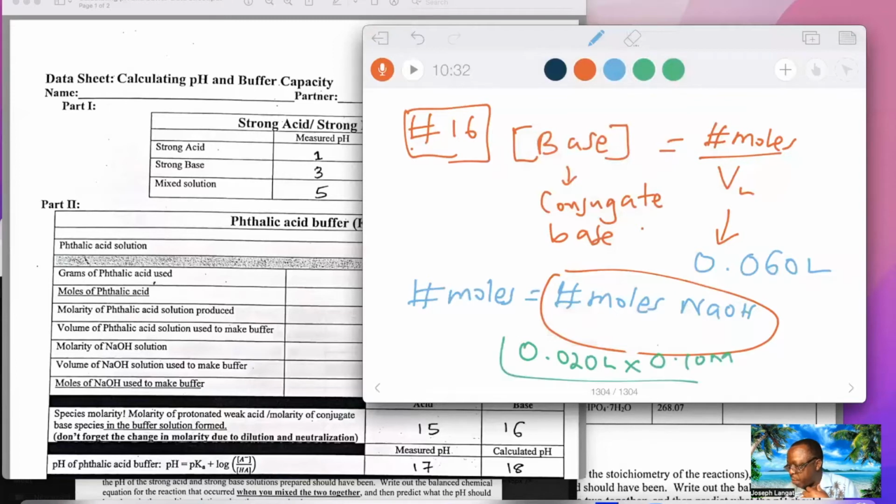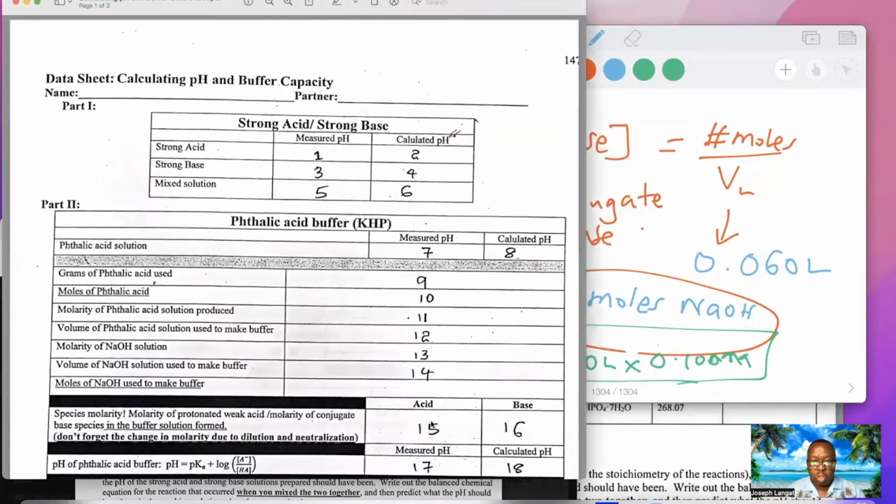This will give you the number of moles. That's the concentration of NaOH, and the volume in liters. And with this you have now the concentration of the acid and the concentration of the base in a PAVA solution.